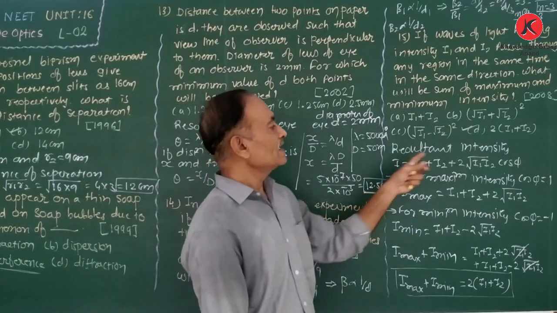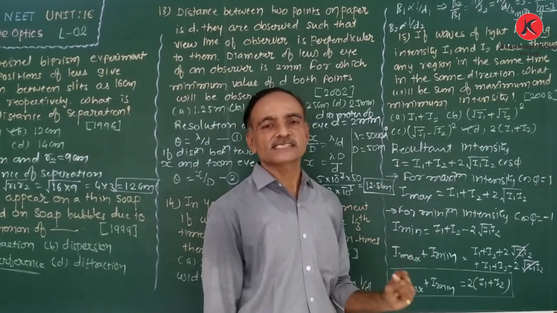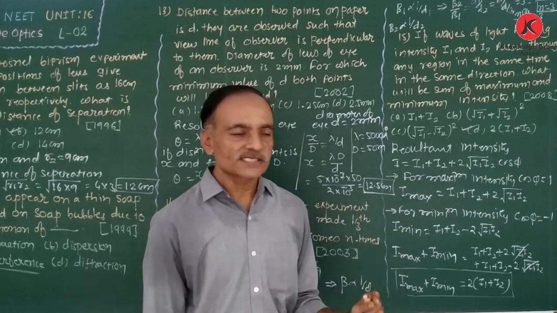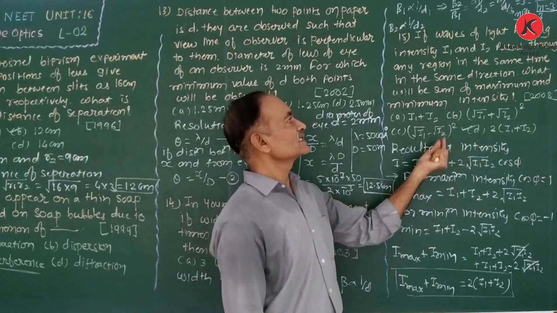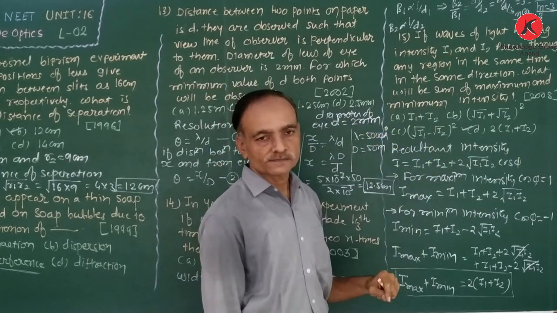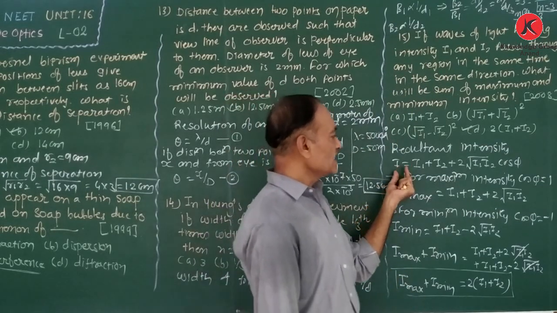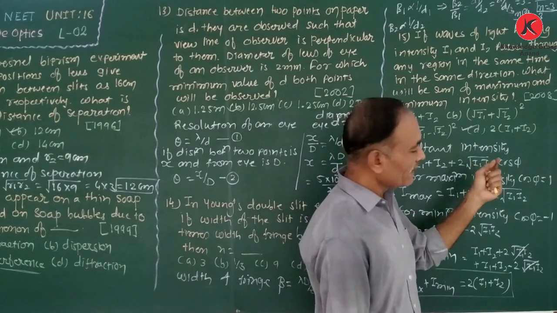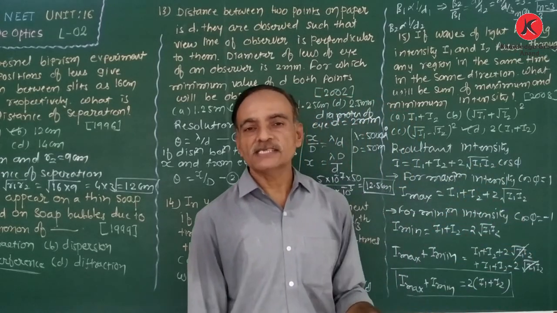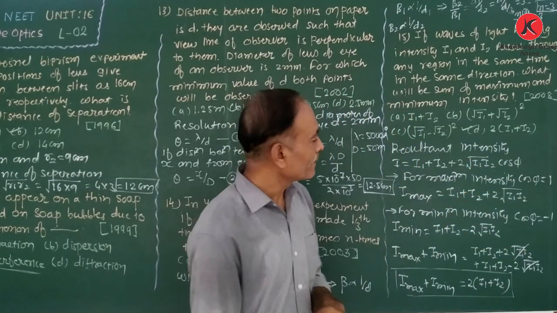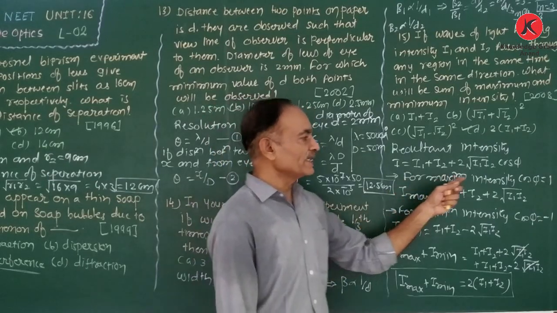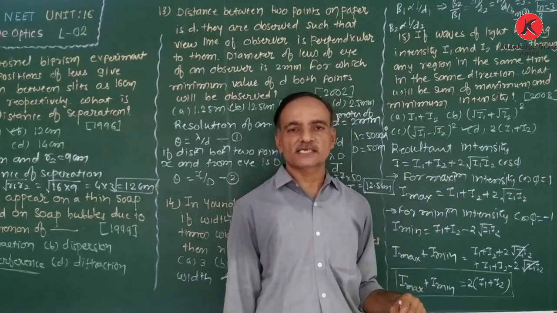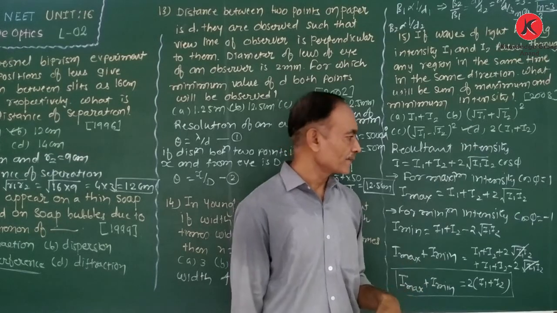Again, here we are using the equation of the resultant intensity due to the superposition of two waves having intensities I1 and I2. So the equation is I equal to I1 plus I2 plus 2 under root of I1 I2 into cos phi. Phi is the phase. Okay. Now for the maximum intensity, consider cos phi equal to 1, that means phi is 0.